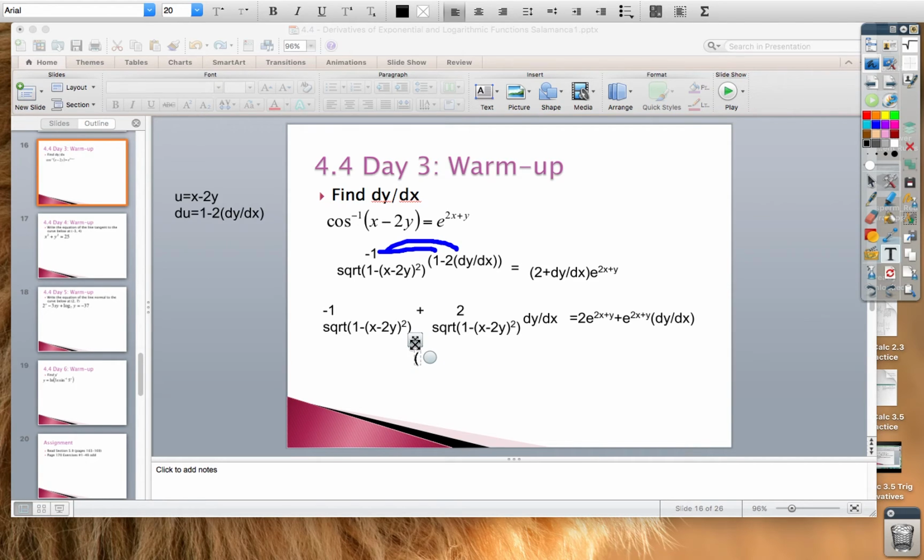But we are left with 2 divided by the square root of 1 minus x minus 2y quantity squared, minus e to the 2x plus y, dy/dx equals 2e to the 2x plus y plus 1 divided by the square root of 1 minus x minus 2y quantity squared.